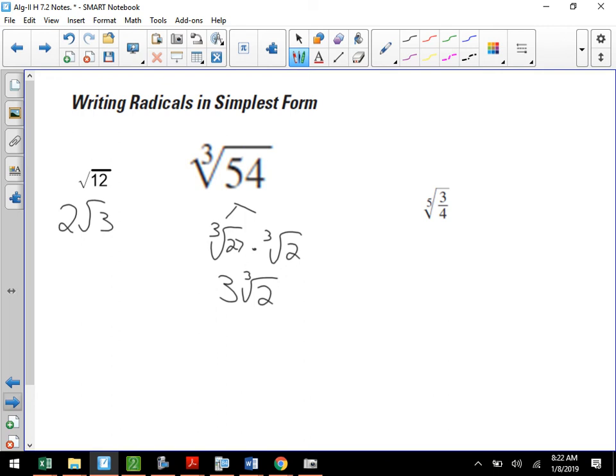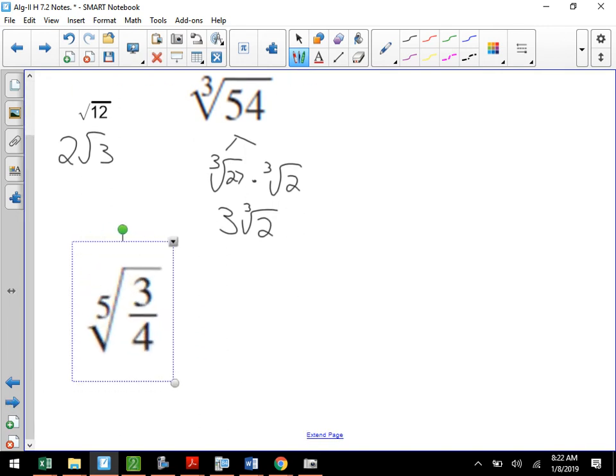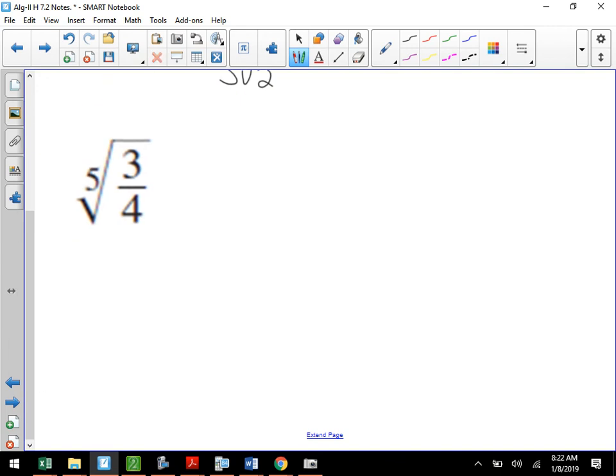And now back to the idea of the denominator stuff. I have the 5th root of 3/4.